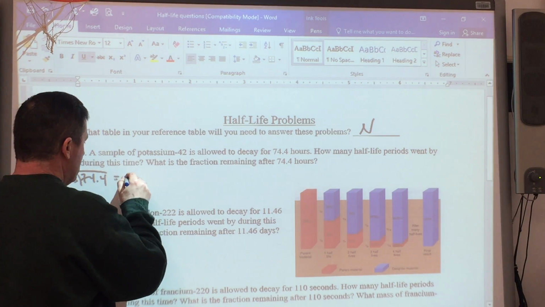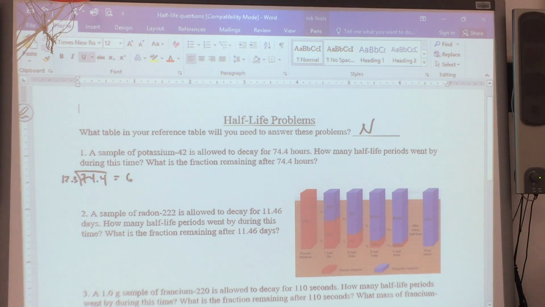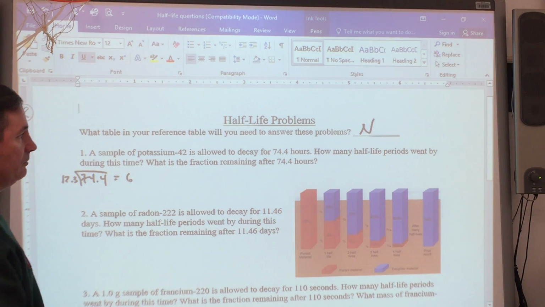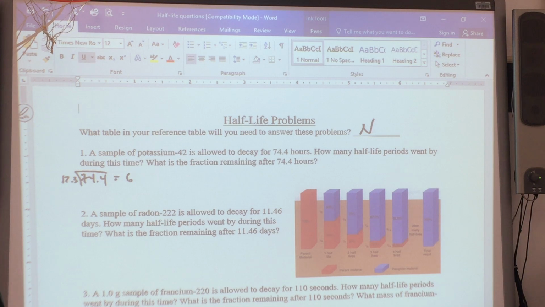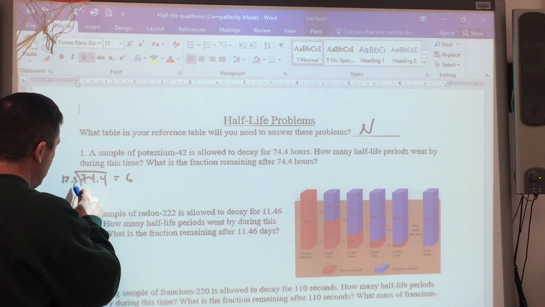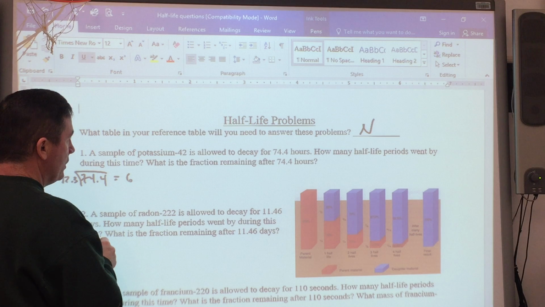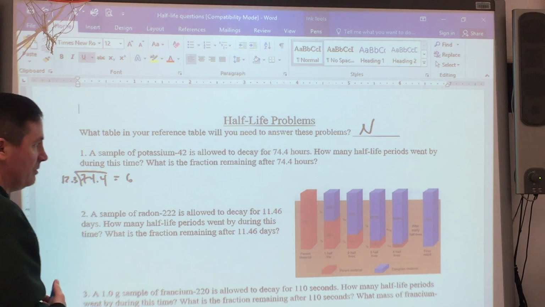So when we do these, we're going to do a little bit of rounding here. How many half-life periods went by during this time? So 12.3 hours into 74.4 hours, that's 6 half-lives.